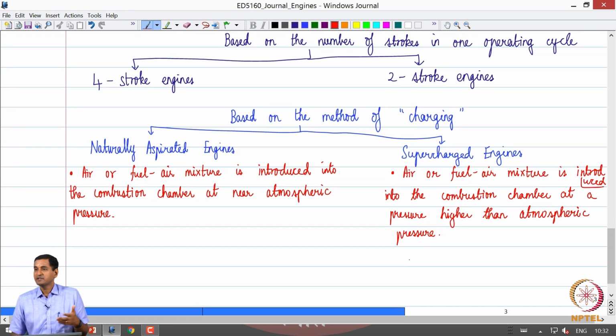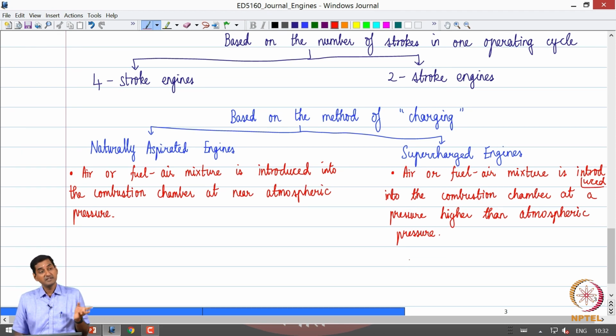If you go and buy a diesel powered car today, the chances are that most of them will be what are called turbocharged vehicles. So, a turbocharger is a device which will essentially compress air and introduce that air into the combustion chamber of a diesel engine at pressures higher than atmospheric pressure. Okay.